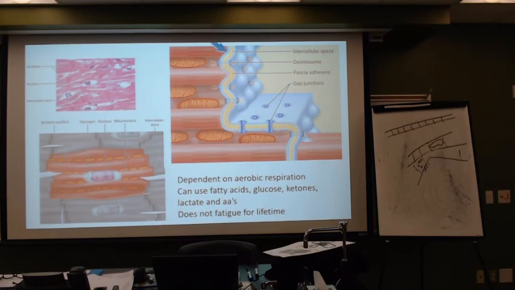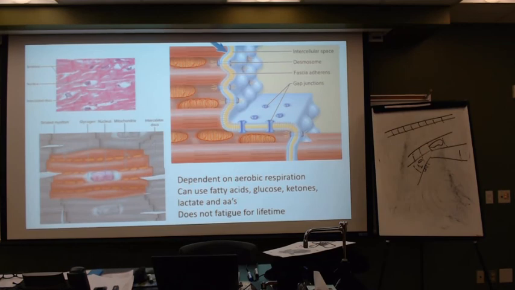Because what is ATP? Your energy. If we make it to the mitochondria and go through the electron transport chain, you get roughly 36 to 38 ATPs.